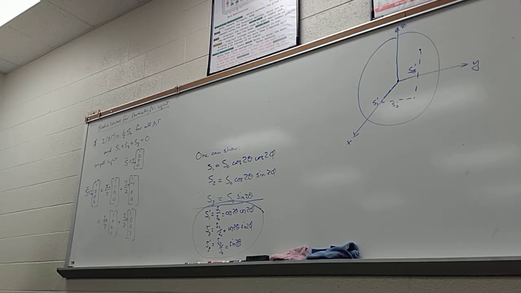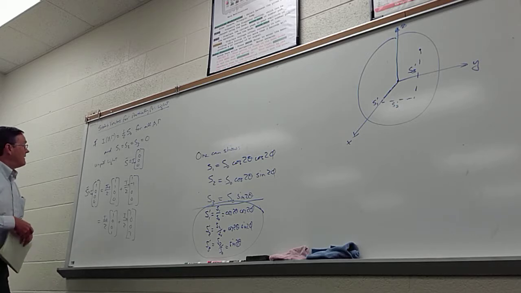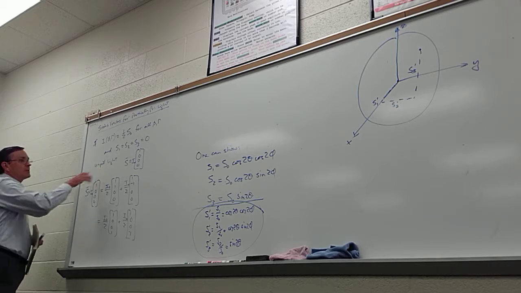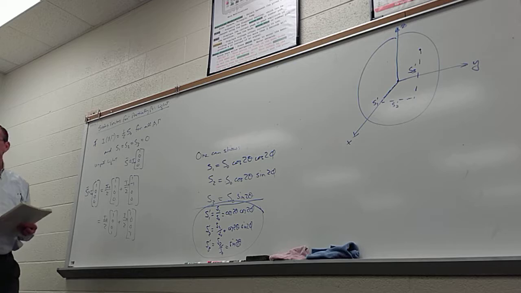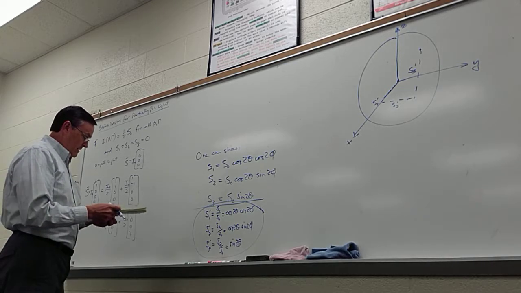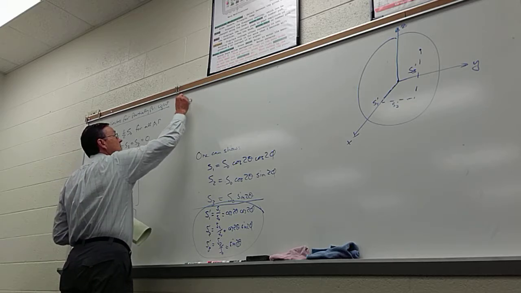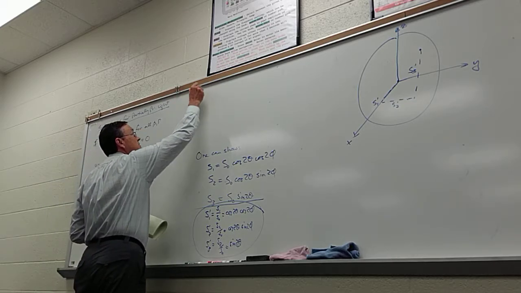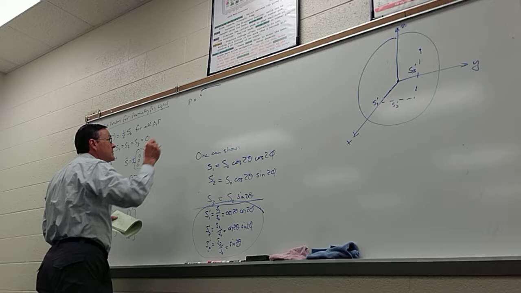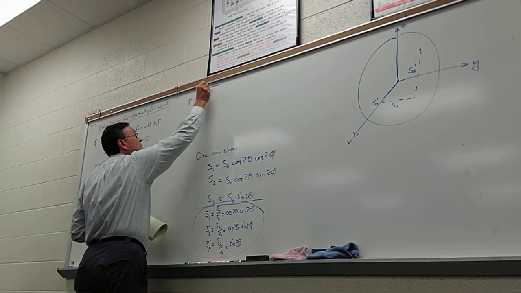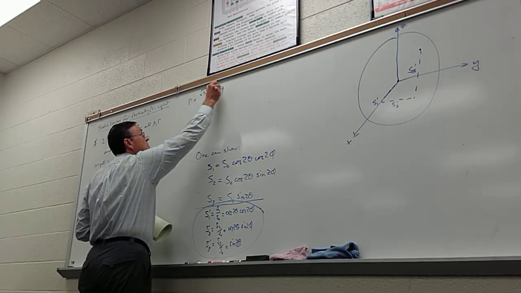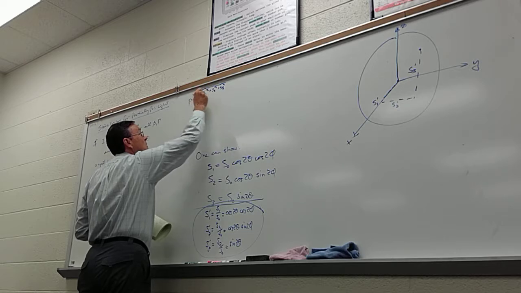So, this is for unpolarized light. What if I have partially polarized light? Well, in that case, the degree of polarization is the square root of S1 squared plus S2 squared plus S3 squared all over S0.